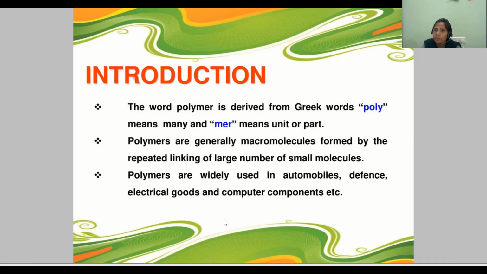And by using these polymers, we are synthesizing various synthetic polymers. For example, synthetic rubber, that is Buna rubber, which we are using in the tires and in the footwear industries.